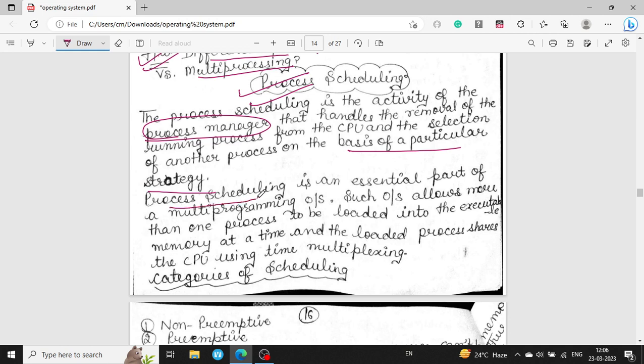And process scheduling is an essential part of multi-programming.